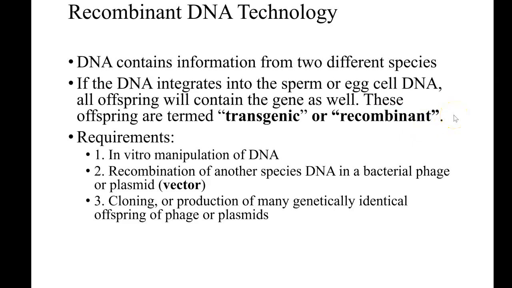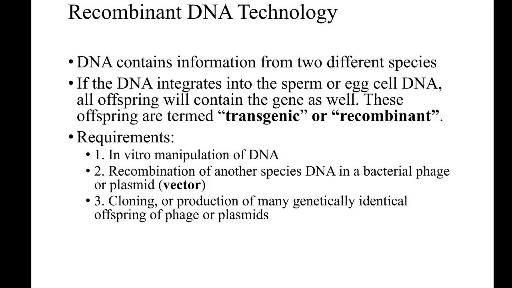We'll talk a little bit more about recombinant DNA technology. This is DNA that has information from two different species, so we're recombining different sources. We often call the offspring the transgenic or the recombinants. Again, we could take a gene of interest, let's say we wanted to make a medicine, and if we inserted that gene within a bacteria, then that bacteria can incorporate that gene and make that product.